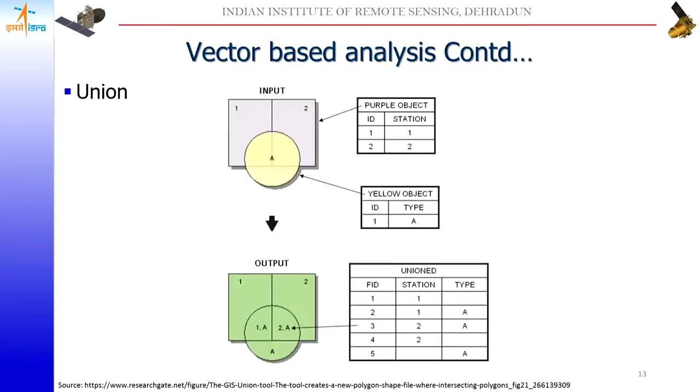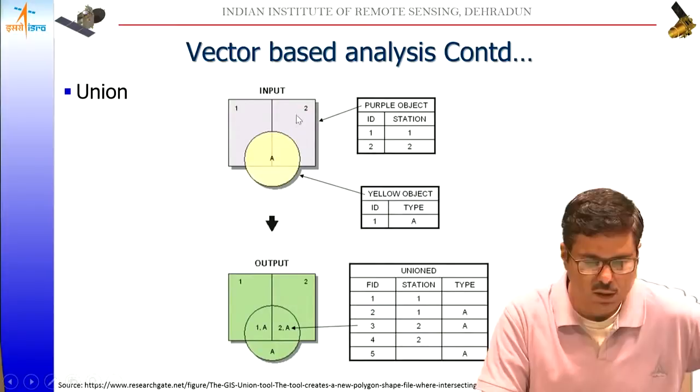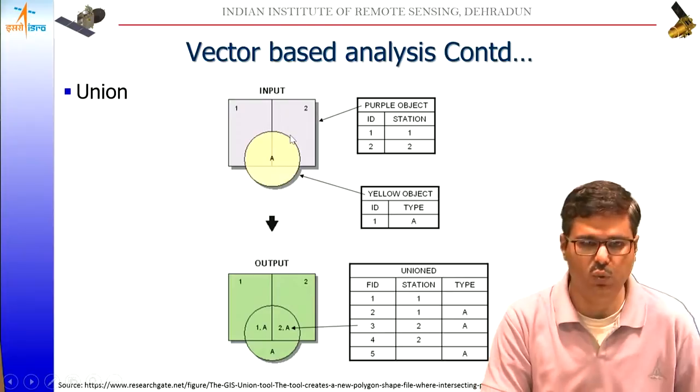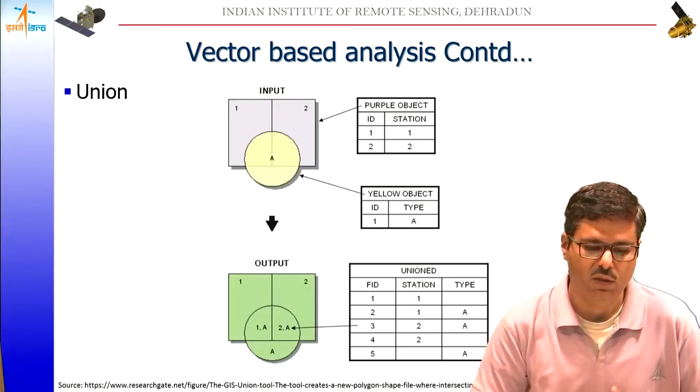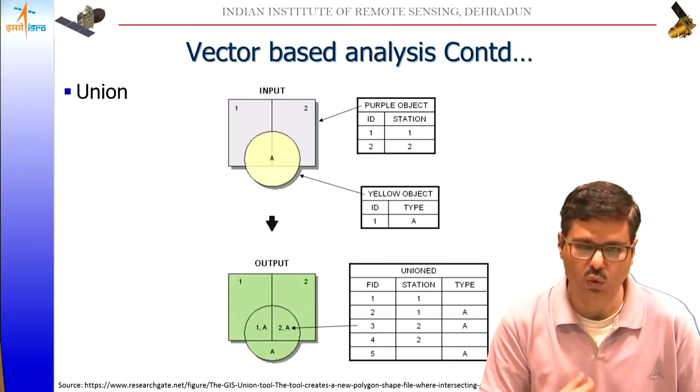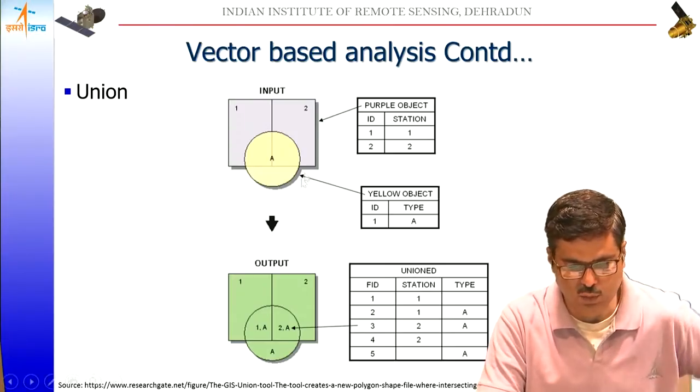Now to understand this, let's take another infographic. We have two inputs, this is input 1 and this is my input 2, and I'm doing a union, which means I will get all the areas which are in 1 or 2 or which are in common.